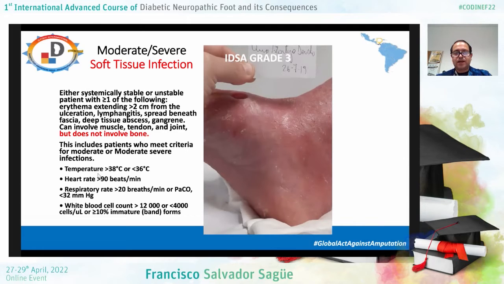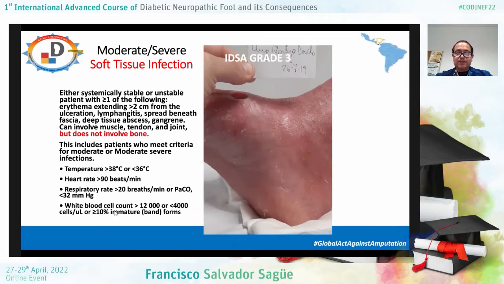Temperature greater than 38 degrees Celsius or less than 36, heart rate greater than 90 beats per minute, respiratory rate greater than 20 breaths per minute, or PaCO2 less than 32.